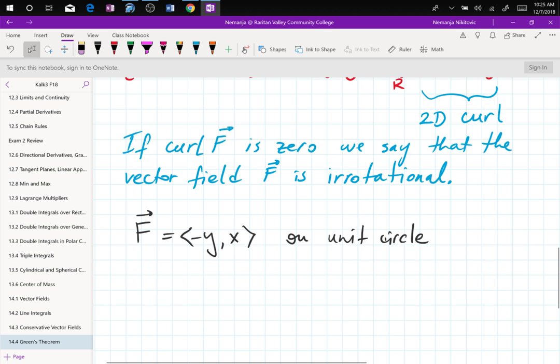Is the circle smooth? Yes. Does it outline a region which is one piece? Yes. Does the circle inside have a hole anywhere in the area? No. Right? Do y and x have first partial derivatives that exist? Yes. So all of the criteria for us to use Green's theorem are there.